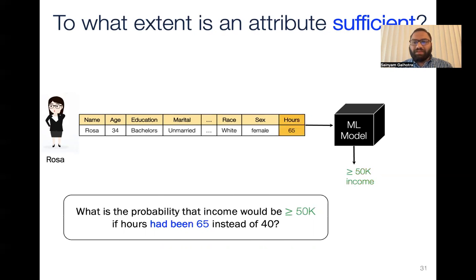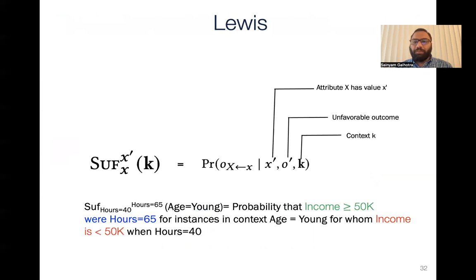Now, let us define the score generated by Lewis more formally. Forget the K in the notation for a moment. The sufficiency score of an attribute X on changing its value from X prime to small x is defined as the probability of receiving a favorable outcome O whenever X is intervened as small x for all individuals that receive the unfavorable outcome O prime and have the attribute value X prime.